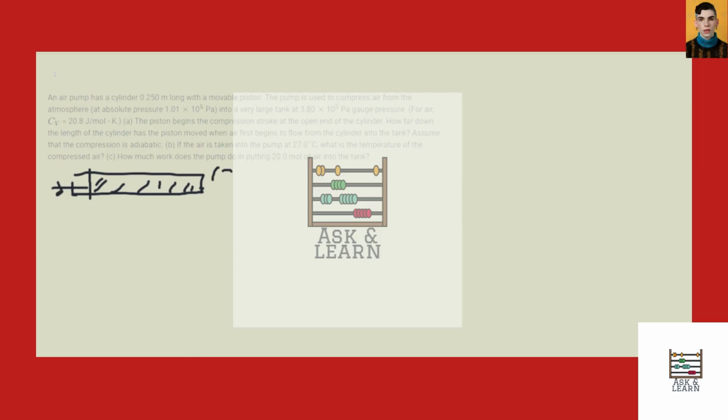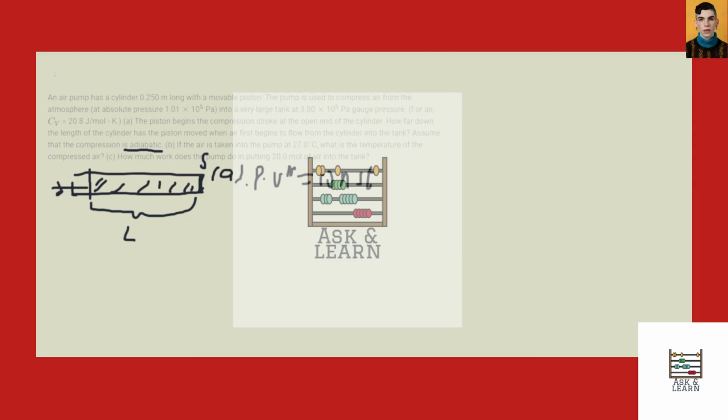Okay, so for part A, suppose the length of this pump is L, and suppose that the cross section area of this pump is equal to S. Then this is also an adiabatic process. So we have P times V to the power gamma is constant.